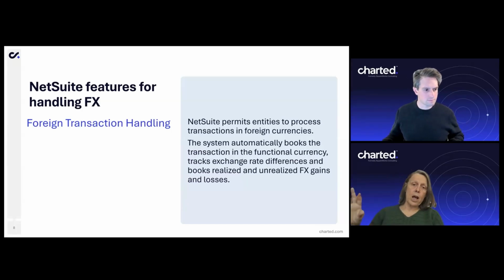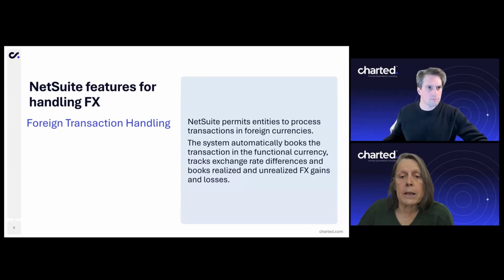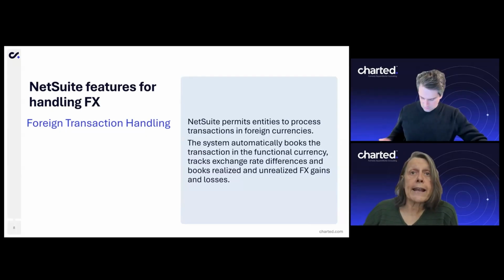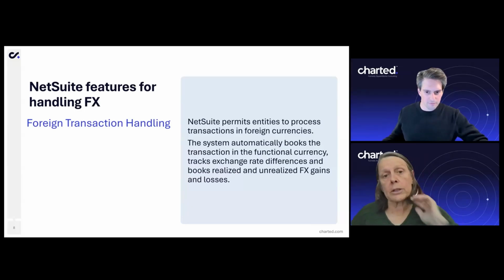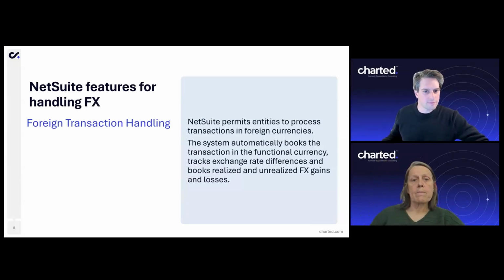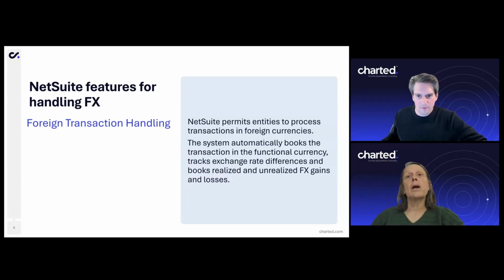And then that $5 difference that you've cleared out of AR ends up below the line on the income statement. Hopefully that answers the question. If that does not answer the question, let me know and I'll elaborate in the Q&A section. Okay, next slide, please.